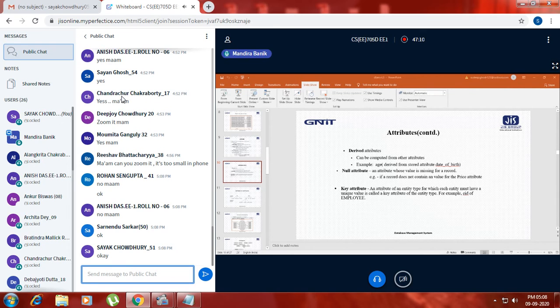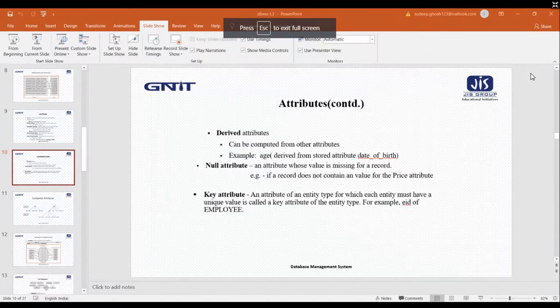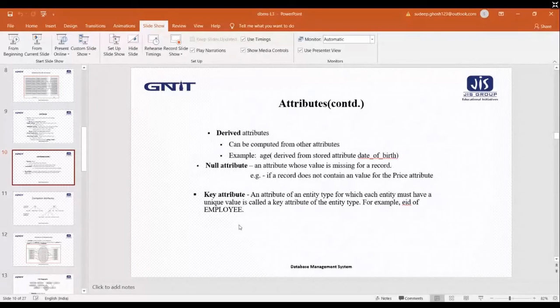Okay, then the next topic is key attribute. A key attribute is an attribute of an entity type for which each entity must have a unique value.